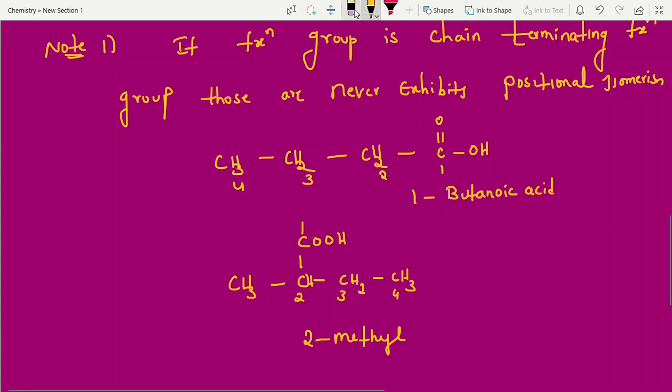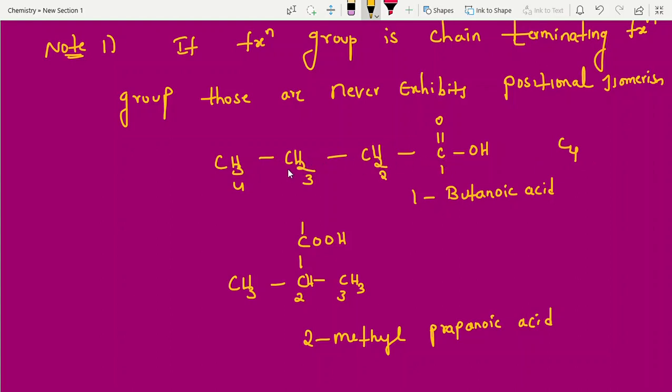One second, students. Let me change it. CH, 1, 2, 3. 2-methyl propanoic acid. Is it the same molecular formula or not? Check it. Here how many carbons? 1, 2, 3, 4. Right? Next, how many oxygens? How many hydrogens?